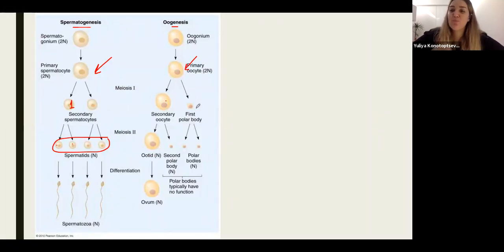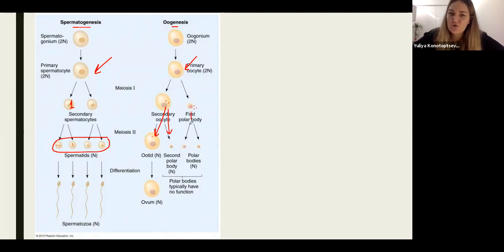So what is a polar body? It is the oocyte with little to no cytoplasm. Every time oocytes are going to be dividing in the female, proliferating, they give rise to the normal oocyte and to the polar body. I repeat, polar body is oocyte with little to no cytoplasm. So take a look, oocyte divides, it gives you normal oocyte and polar body. The question is, why is polar body dividing?